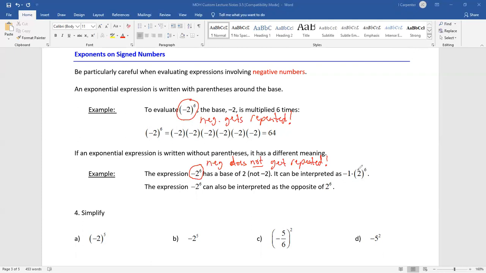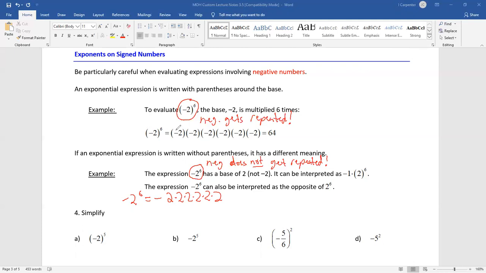You do the 2 to the 6th, then slap a negative in front of the whole thing. So they don't show you that version of the answer, but negative 2 to the 6th would just have that negative a single time, and then you're doing a bunch of 2's. How many 2's? 6 of them specifically. So again, this negative did not get repeated.